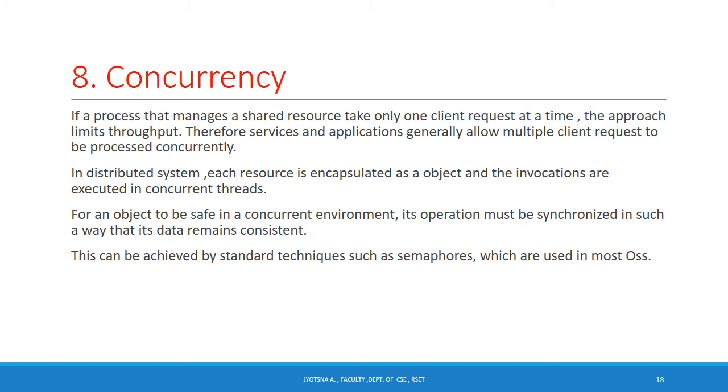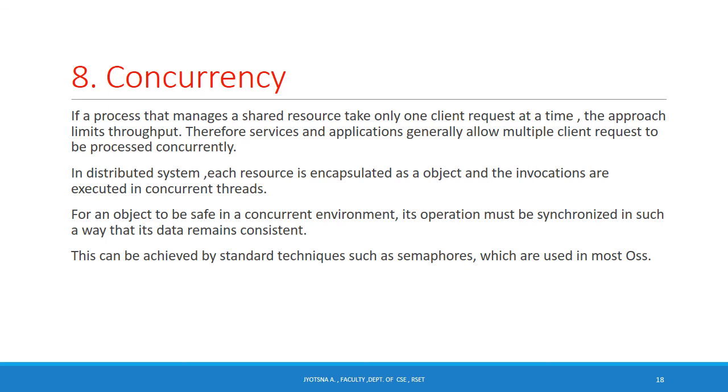In distributed system, each resource is encapsulated as an object and the invocations are executed in concurrent threads. For an object to be safe in a concurrent environment, its operations must be synchronized in such a way that its data remains consistent. This can be achieved by standard techniques such as semaphores, which can be used in most operating systems.